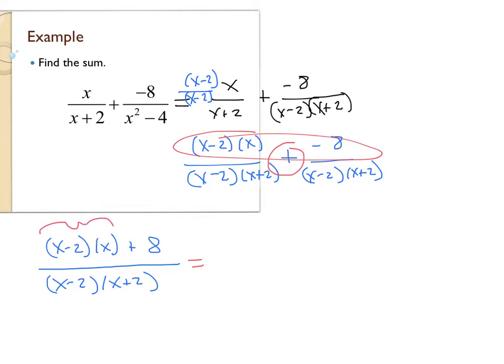I'm going to look at this guy right here. We do multiplication before addition, and I'm just going to distribute that x, so I get an x squared minus 2x, and then I got this plus 8 all over x minus 2, x plus 2. I am then going to factor because we have to simplify if we can. So this first step was we combined like terms.